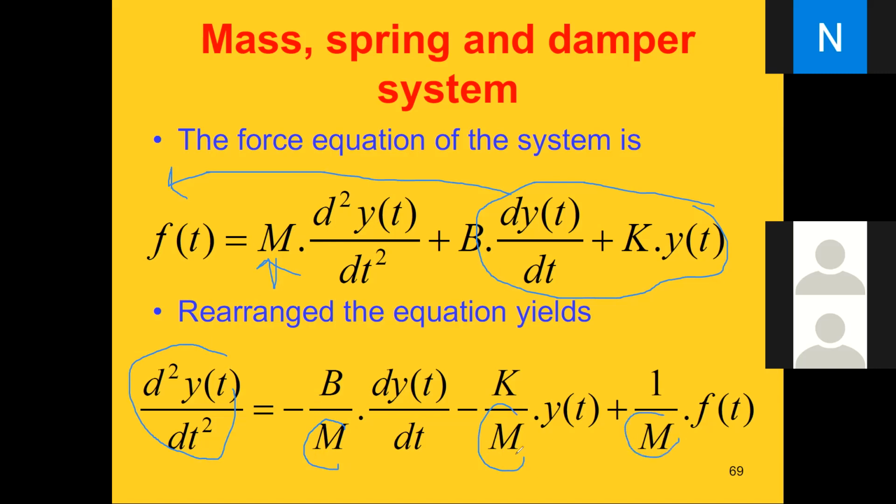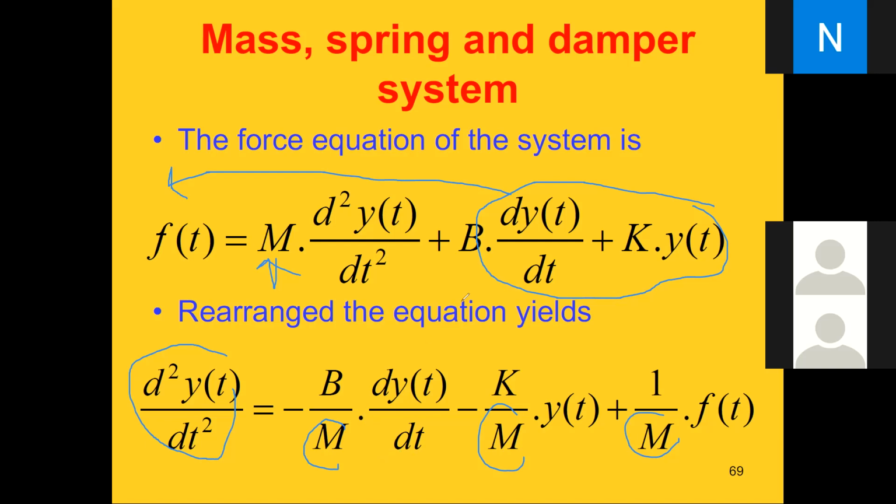So we know that d square y over dt square is equal to minus b over m dy/dt minus k over m y plus 1 over m f.